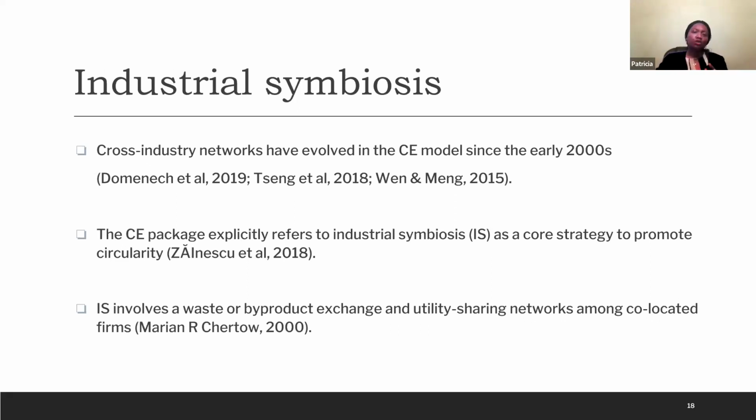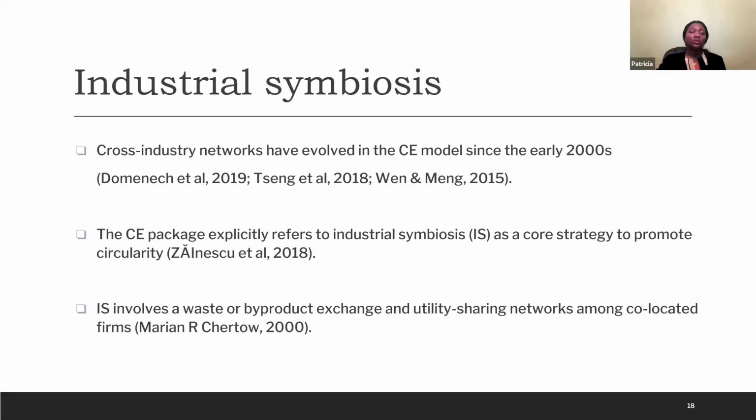And then we talk about the topic of industrial symbiosis. From literature, we see that there have been cross-industry networks. This means that industries have been exchanging their waste in the CE model since the early 2000s. And the CE package explicitly refers to industrial symbiosis as a core strategy to promote circularity.